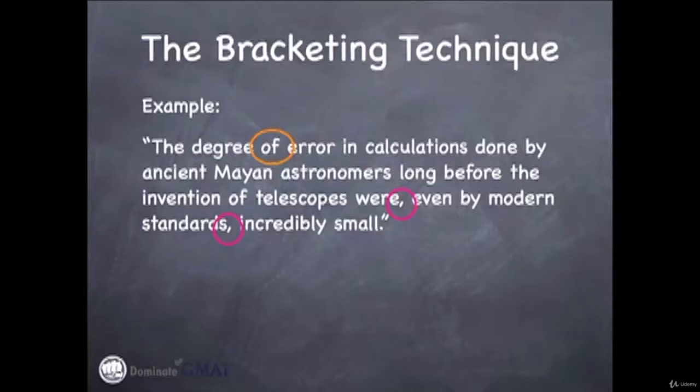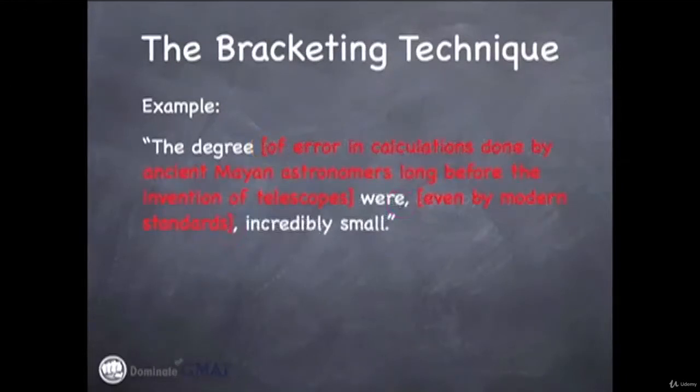In between those commas are the words even by modern standards. And so the bracketing technique tells us to do what? Well, it tells us to literally, as you see on the screen here, bracket them. I have made them red so that they're hard to read and we don't even want to consider them anymore. And so I've not only bracketed out that long prepositional phrase, I've also bracketed out that clause between the commas.